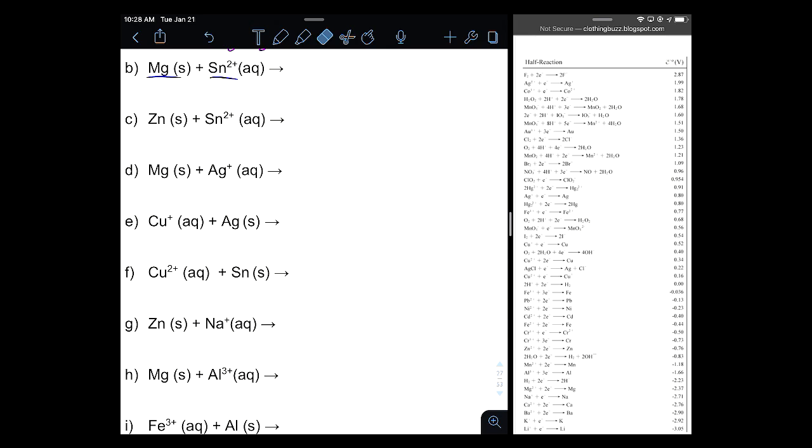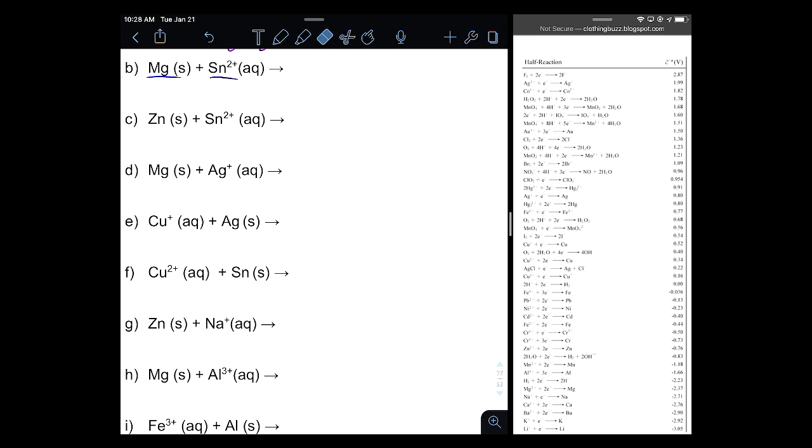So in this lesson, as originally written, we used a rule of bottom left to top right. As long as you're combining them, you could guarantee a spontaneous reaction.